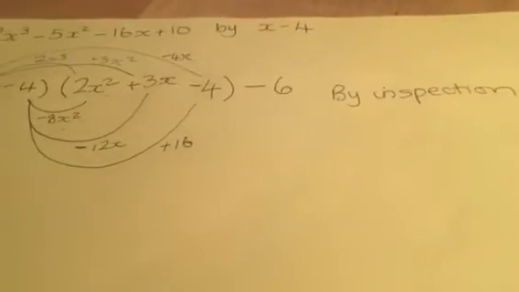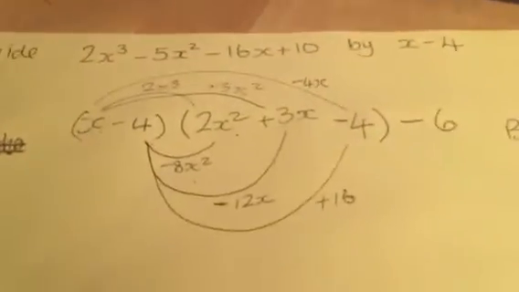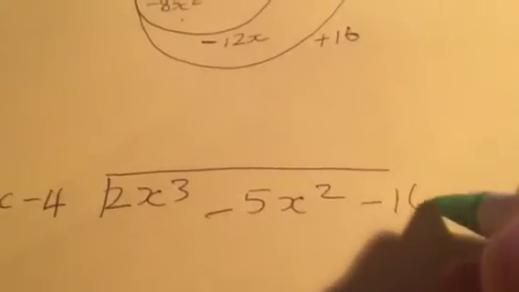You might also have done long division by the bus stop method. So same question, the set out is x minus 4, and I'm dividing x minus 4 into 2x cubed minus 5x squared minus 16x plus 10.